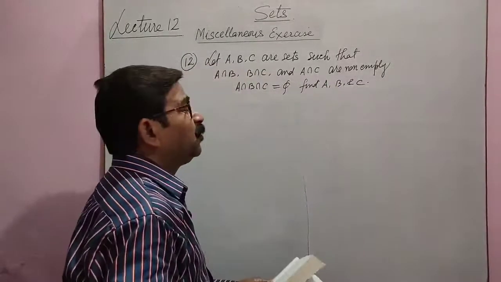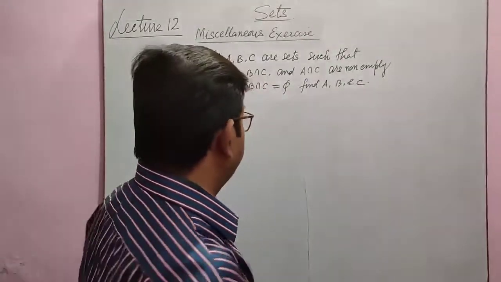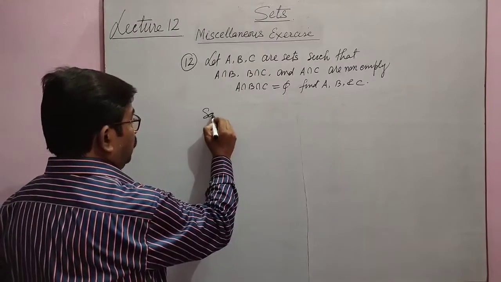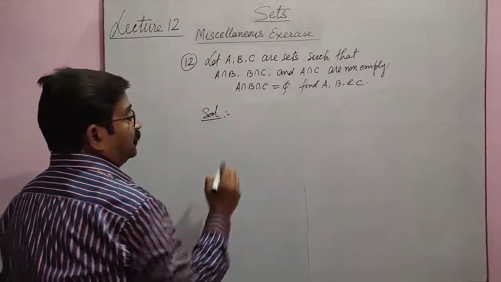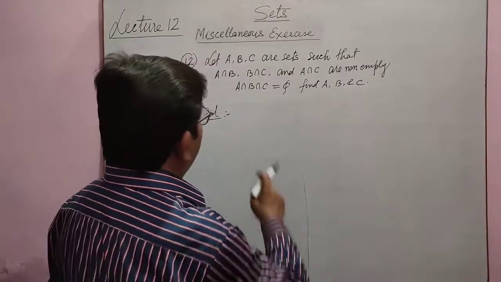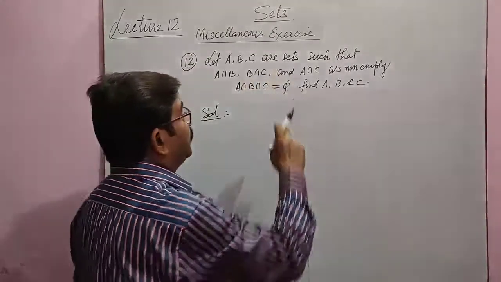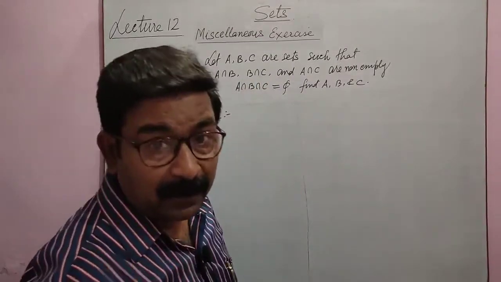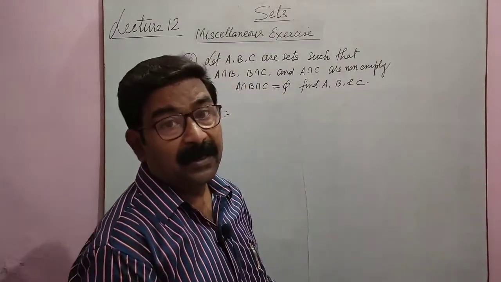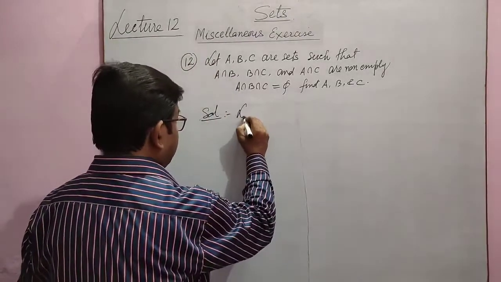So simply we have to give an example, and with the example we have to show it. See the solution, very simple. We have to take the elements of A, B and C such that A intersection B, B intersection C, and A intersection C have some elements, but common elements to all three are not there. So we will take them ourselves like this.